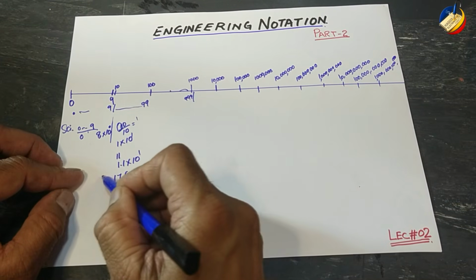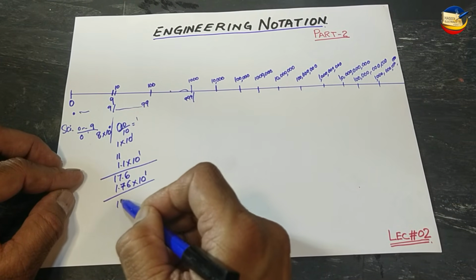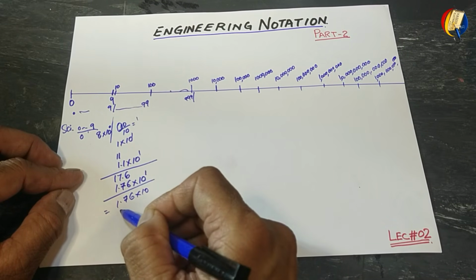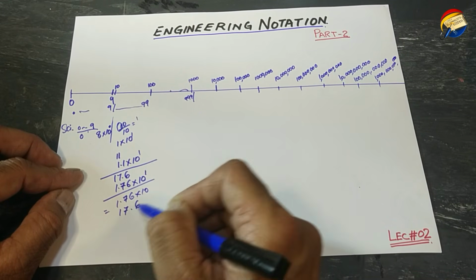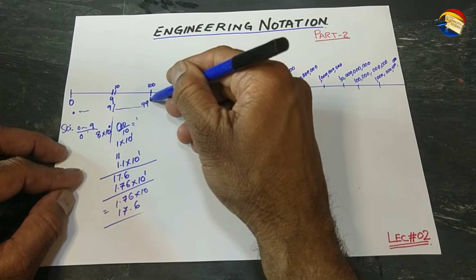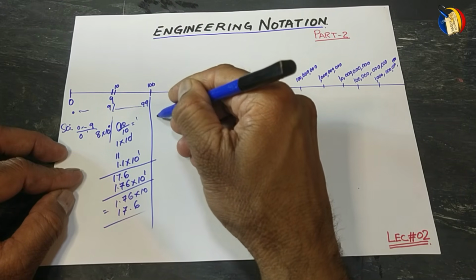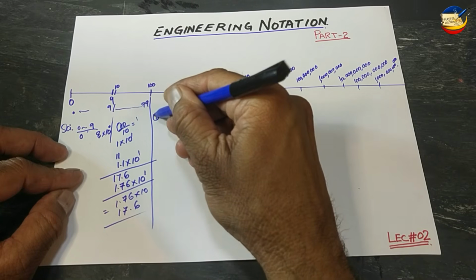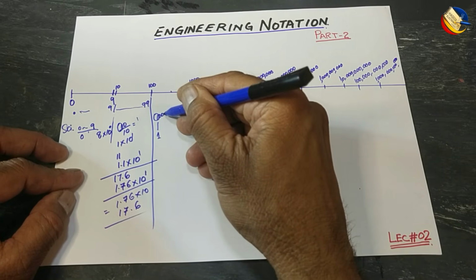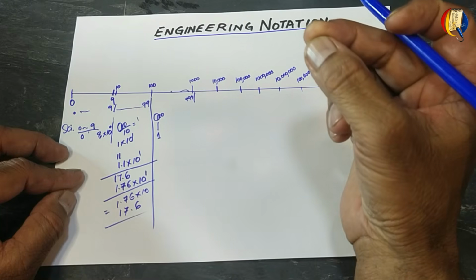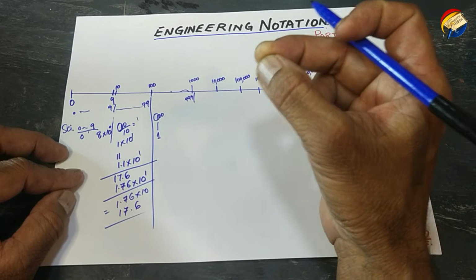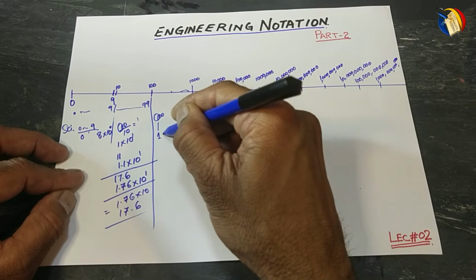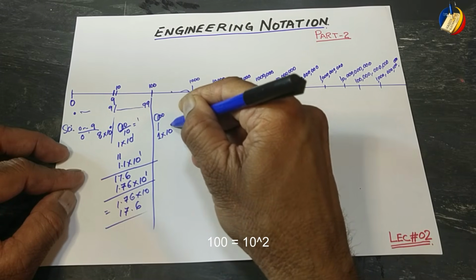Now if we multiply 1.76 with 10, it will be the same, 17.6. If we have 100, from this 100 we take one common, then there are two zeros. That means if we multiply 10 with 10 two times, that is equal to 100. That means 10 raised to the power 2.